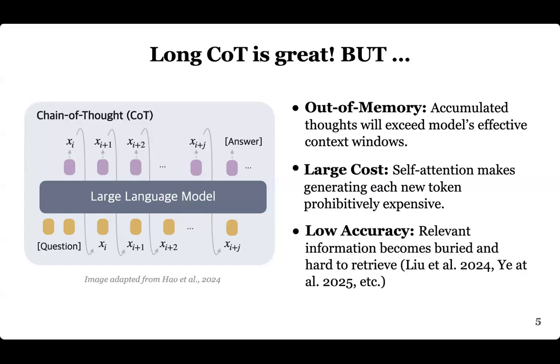Also, even if we can fit the whole sequence into the attention context window and generate a very long thought, there are some recent works showing that if there is too much irrelevant information in the current sequence, it might be very hard for language models to retrieve the useful information within that irrelevant context.